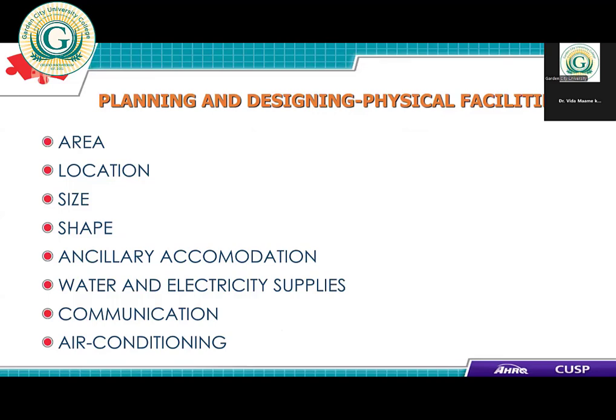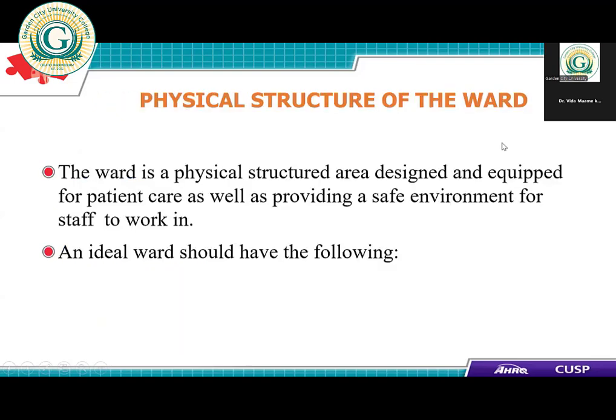So the physical facilities that you can find there, we have the area, the location, the size, the shape, accommodation, water and electricity supplies, and communication. Okay, so as I was saying, the physical structure of the ward.